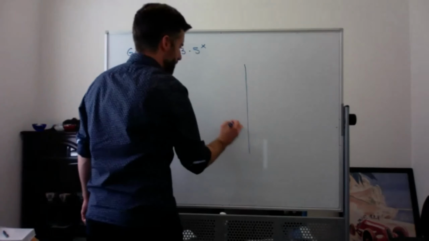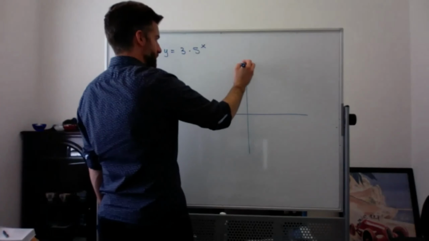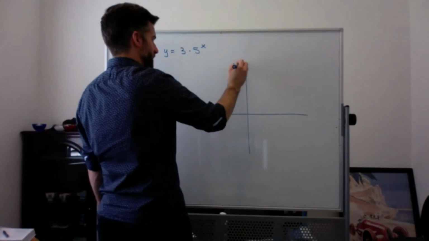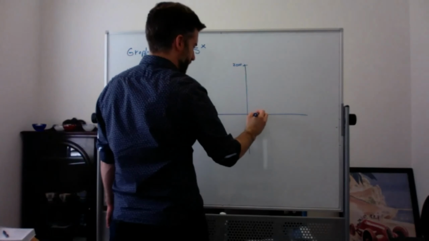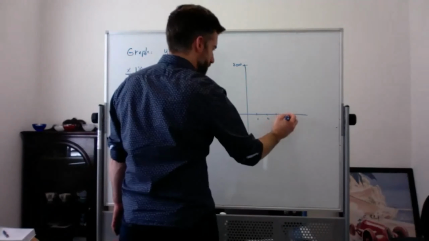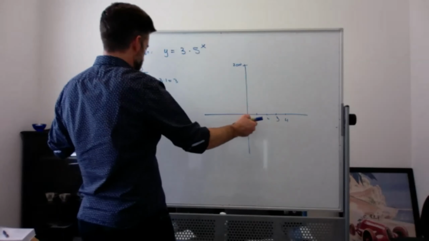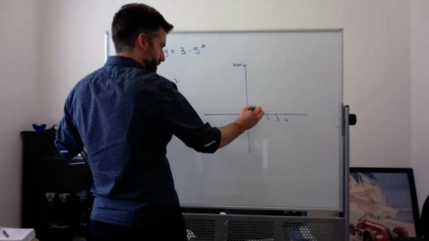If I'm going to draw this, my scale has to be kind of huge, right? If I'm going to go up to, let's say this is 2000, and here are my x values of 1, 2, and 3, and 4. 0, I've got right there. And then at 1, 15 is not much higher.